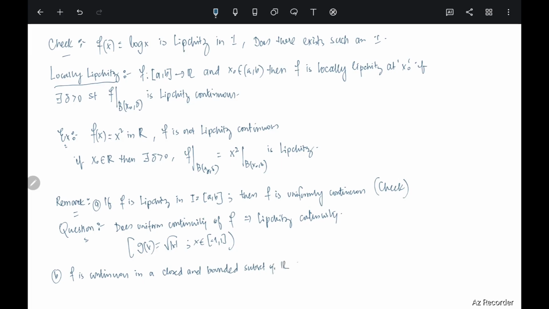That will actually imply that f is uniformly continuous in R. Okay, so that is there. Now that is more or less the whole idea of Lipschitz continuity. Yes. So now let me just finish this lecture with a small remark.